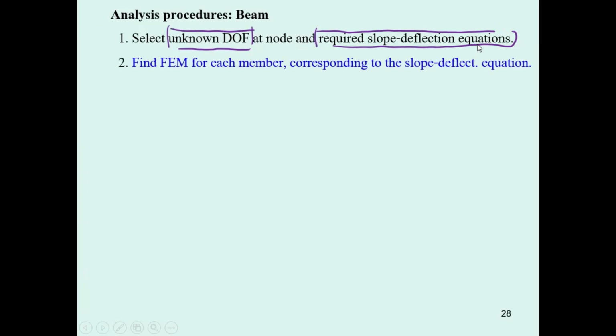Then, coming to fixed end moment, there are two columns of fixed end moment: one for set 1 on the left and another, the right column, for set 2.